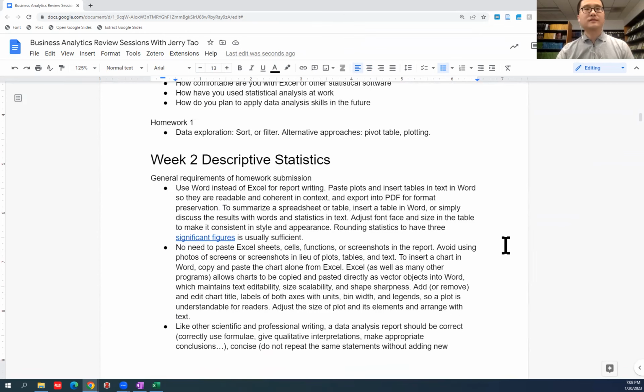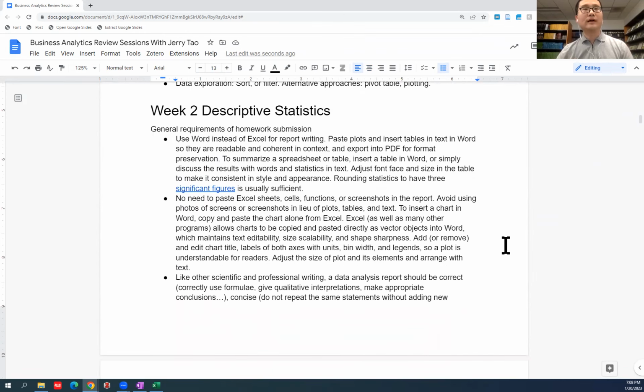First, if you ever wondered what needs to be submitted, it's a PDF file of your Word document about the report writing. You are not required to submit any part of your Excel file. The sheets, cells, and functions and screenshots from Excel are never needed. So you don't need to upload any part of your Excel file.